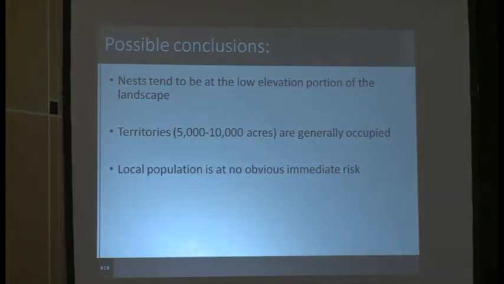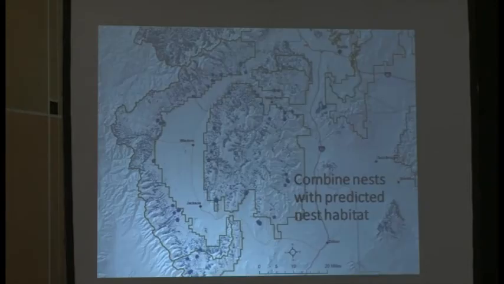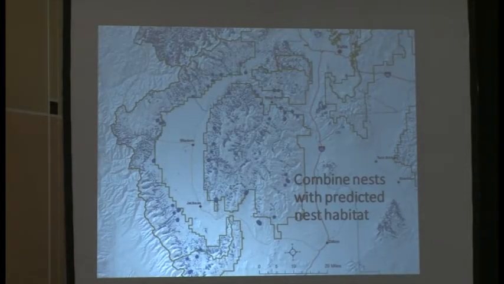Nests tend to be at the lower elevation portion of the landscape. Even though we've got habitat scattered across there, up to about the upper elevation limit that they'll nest in, most of them are near the valley floor. That's where the bigger trees are, but it's also perhaps where you have better foraging habitat, a better mix. Given that goshawks are foraging generalists, you might expect higher fledgling success or more nest attraction in those areas where you've got more of a mix of forest and non-forest.